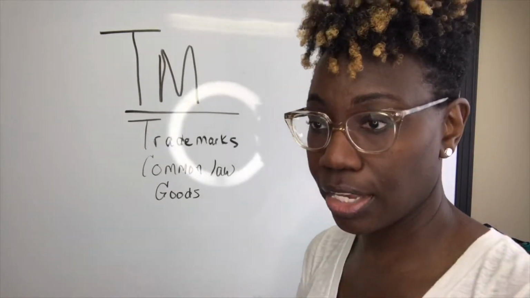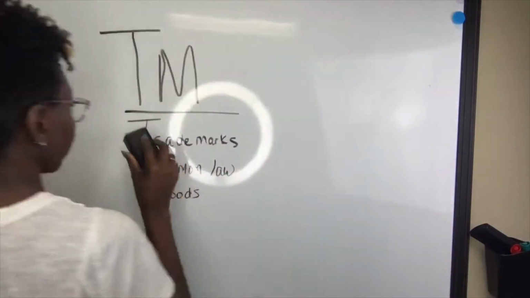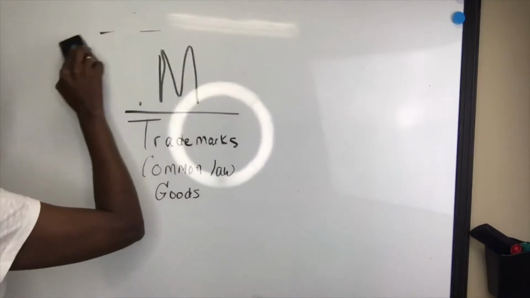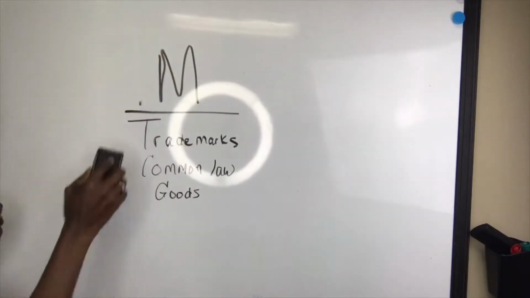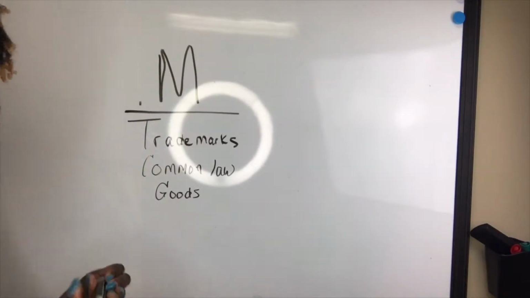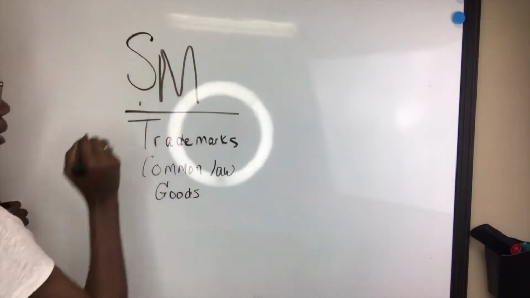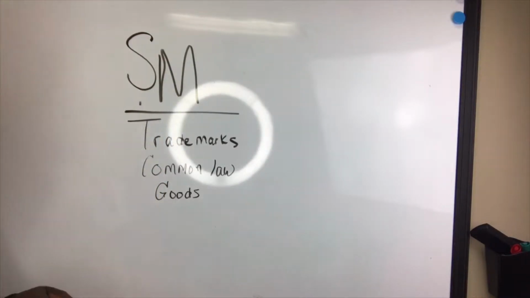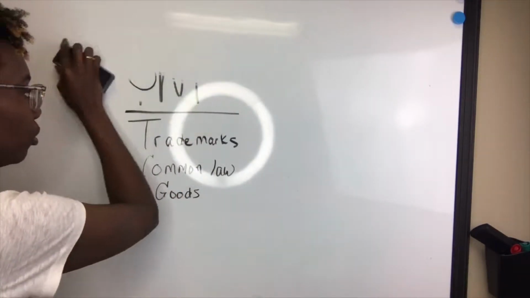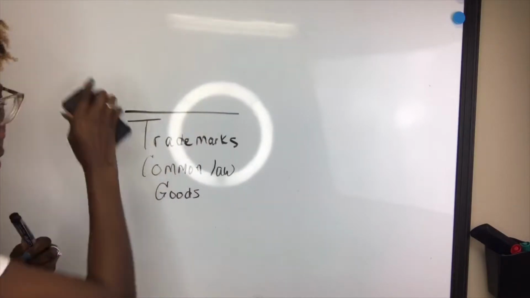Now, the next one that we're going to talk about is, we're just going to erase that T and slap that S on there, right? It looks like it's subscript, but it's not, so I'm going to erase it so you guys don't think that you have to write it a certain way.